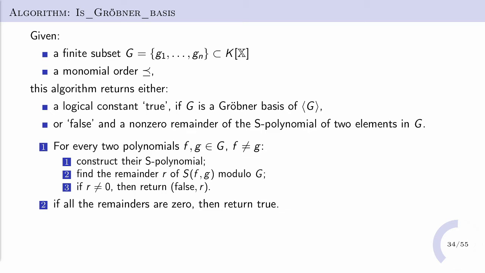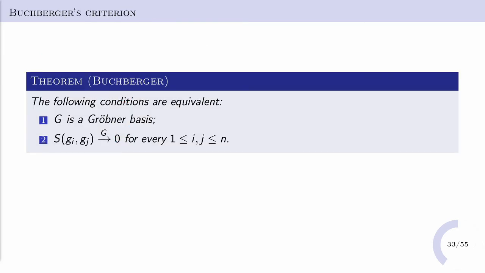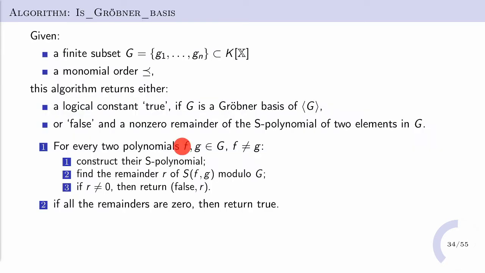And the algorithm is quite straightforward. This algorithm is a direct implementation of this theorem. So we check every two distinct polynomials of G. We take f, we take g, we construct their S polynomial. We compute the remainder of this S polynomial modulo G. If this remainder is non-zero, then the theorem says that if at least one of the remainders is non-zero, then G cannot be a Gröbner basis, so we return false and this non-zero remainder.